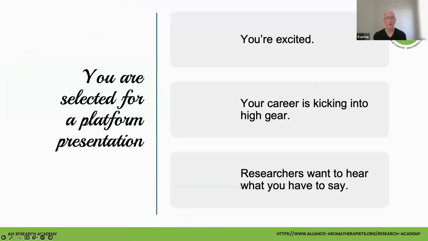You do research. You have a very positive result. Your mentor says, you should present this. Why don't you make an abstract and send it into a conference? And then you wait, and after a few weeks, you get a message.